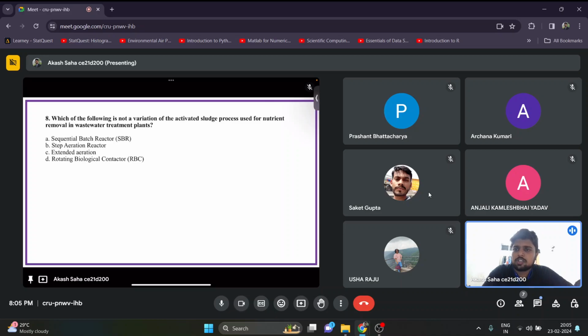Okay, next question. Which of the following is not a variation of the activated sludge process used for nutrient removal in a wastewater treatment plant? SBR, step aeration, extended aeration, or rotating biological contactor, which is not a variation of ASP?